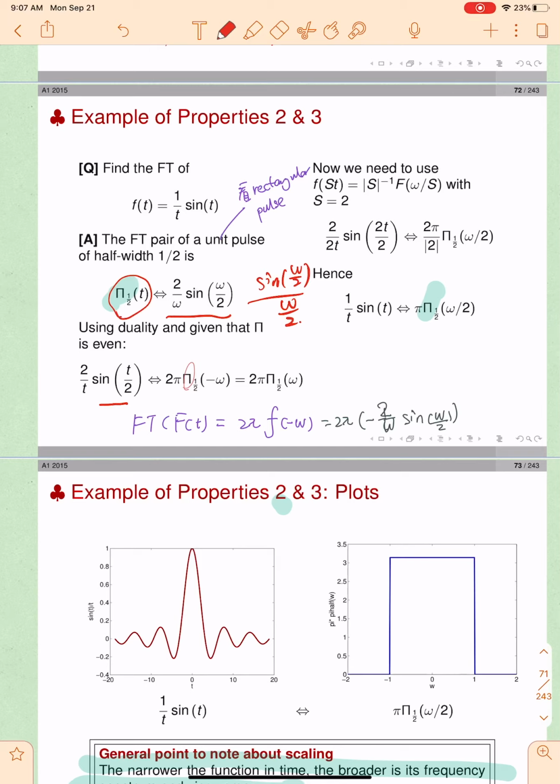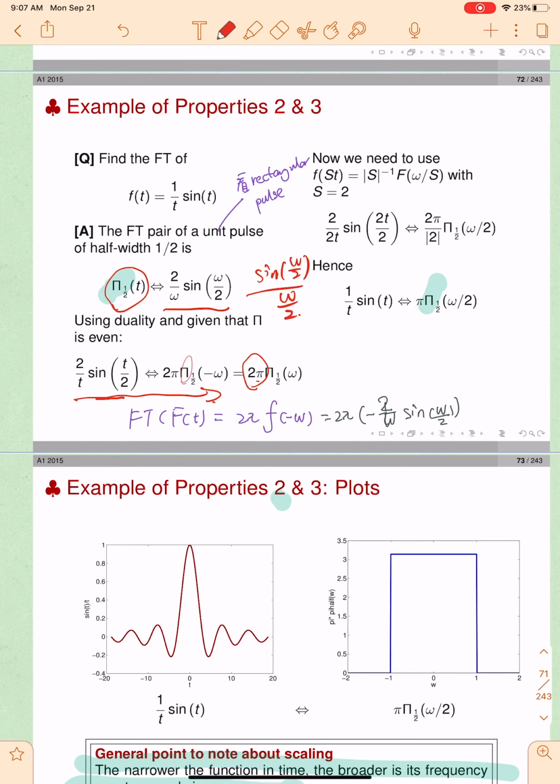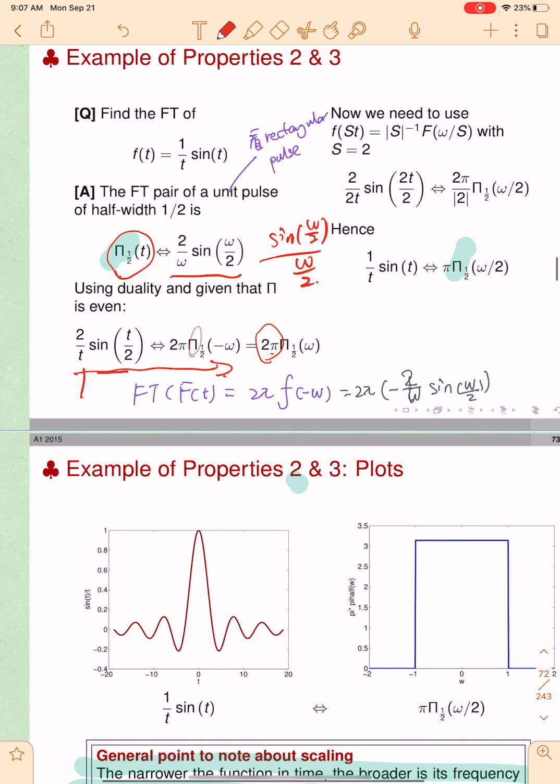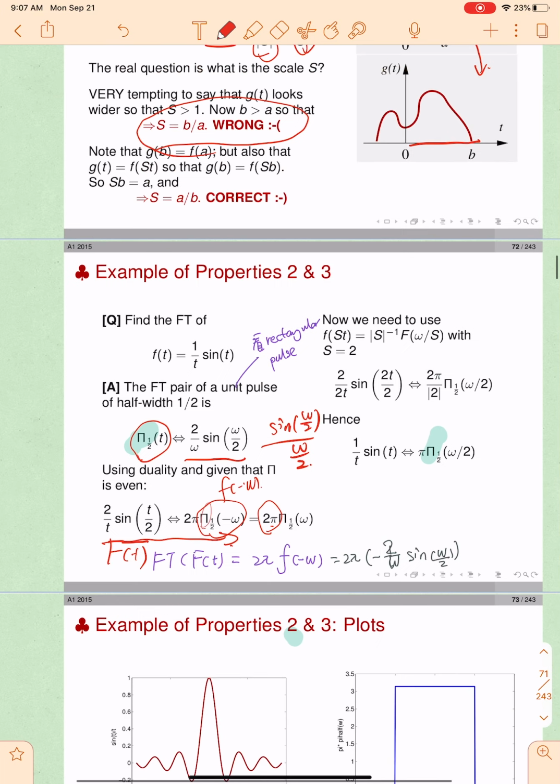Okay, so this is the duality property. So you will get a 2 pi over there. So this is F(t), capital F. And this is f(minus omega). Then they want to use the parameter scaling, so s equals 2.